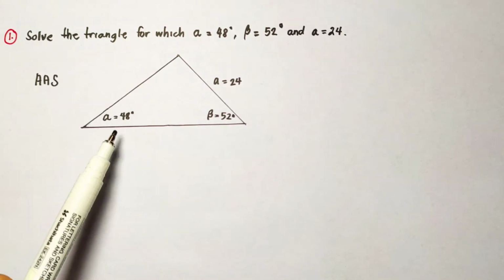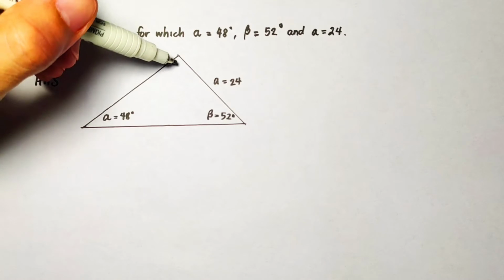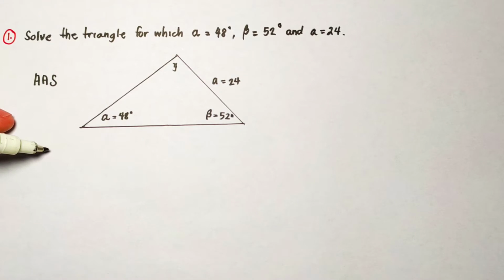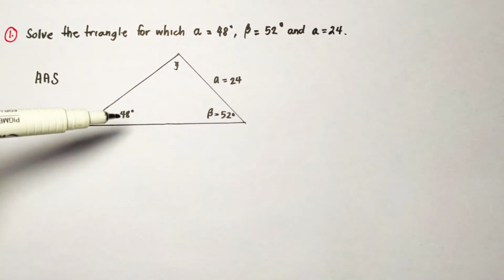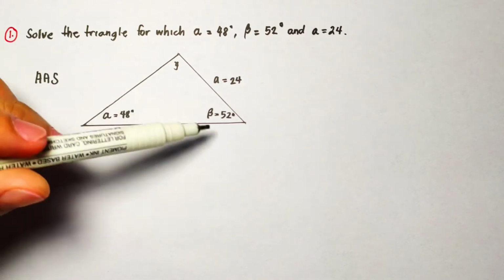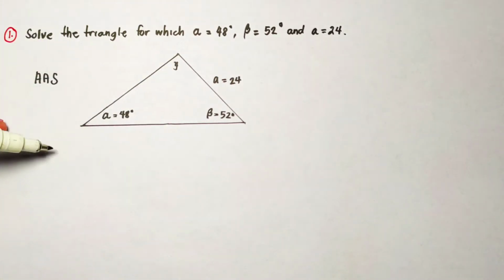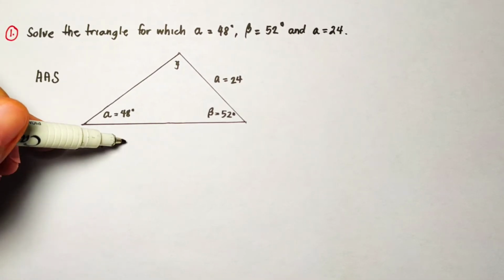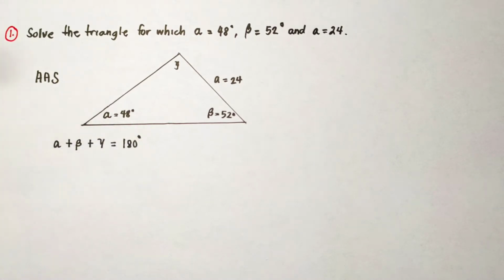As you can see, there is a missing value for this angle, or the angle gamma. To find it, we all know that if we add these three angles, it must be 180 degrees. So let us add angle alpha plus angle beta plus angle gamma. It should equal 180 degrees. We have the given value for this angle, which is 48 degrees.